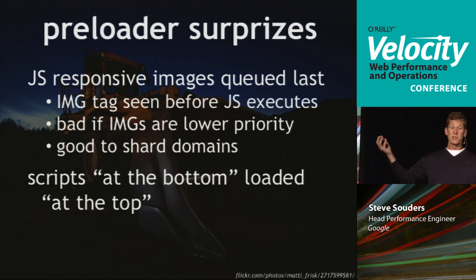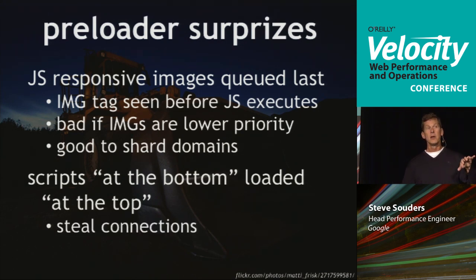I wrote this rule in 2007 to put scripts at the bottom, and that's generally a good thing. Back then, browsers worked the way I described, where everything above them would be downloaded early. But now, these scripts at the bottom are seen by the look-ahead parser, and they get downloaded higher up in the page. The developer put them at the bottom intentionally, saying, I don't think these are that important.